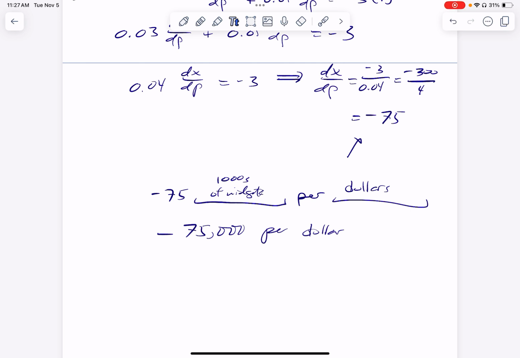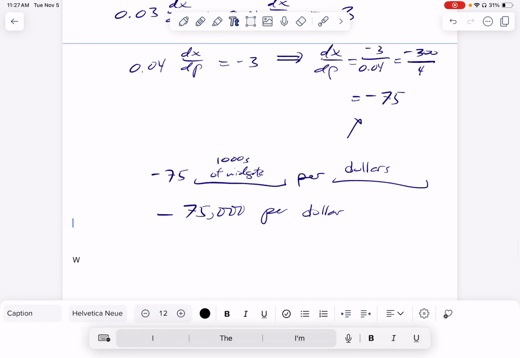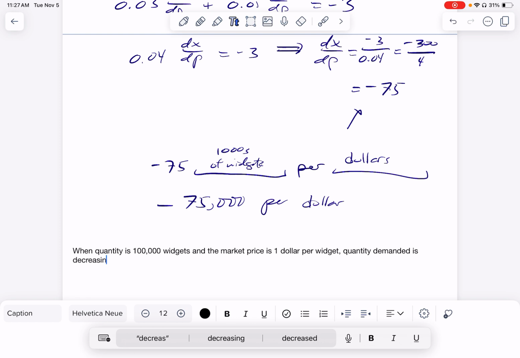When quantity is 100,000 widgets and the market price is $1 per widget, quantity demanded is decreasing at a rate of 75,000 widgets per dollar.